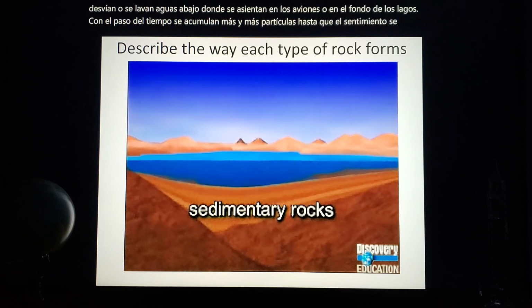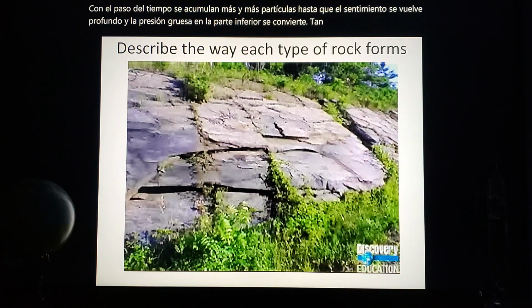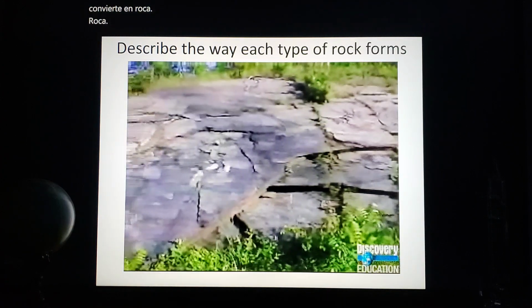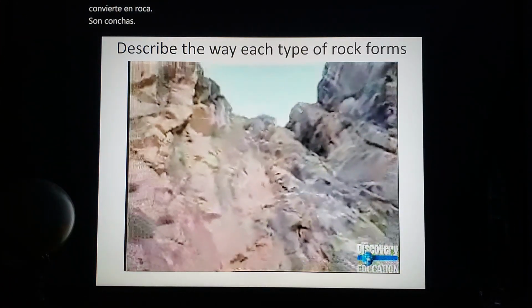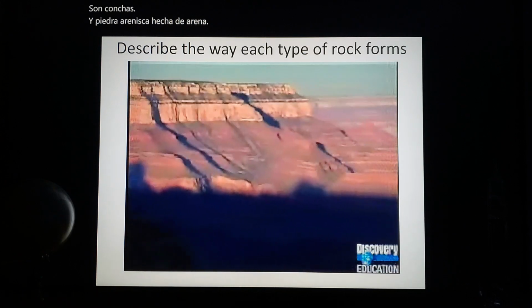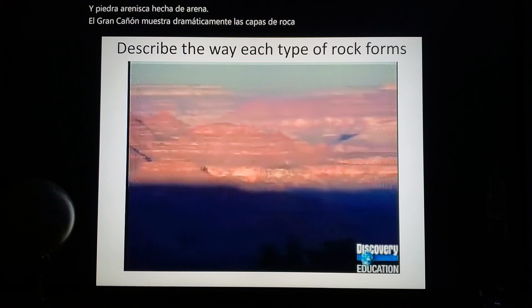Pressure at the bottom becomes so great, the sediment fuses together and becomes rock. There are many types of sedimentary rock. Two of the most common are shale, made from what was once mud, and sandstone, made from sand. The Grand Canyon dramatically shows the layers of sedimentary rock laid down over millions of years.